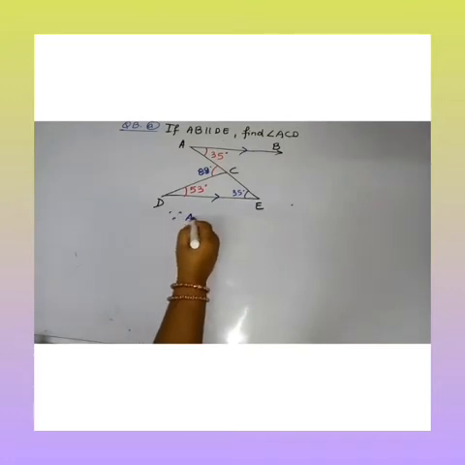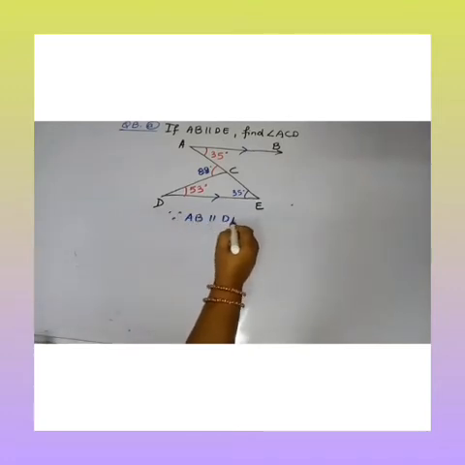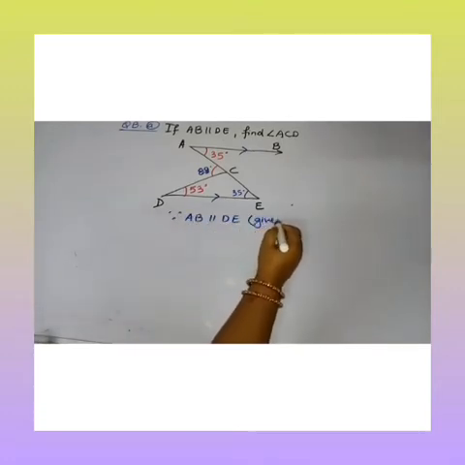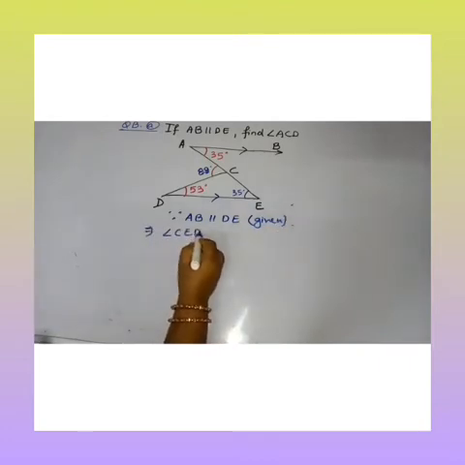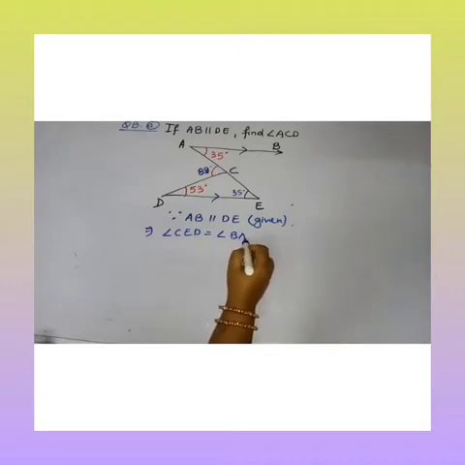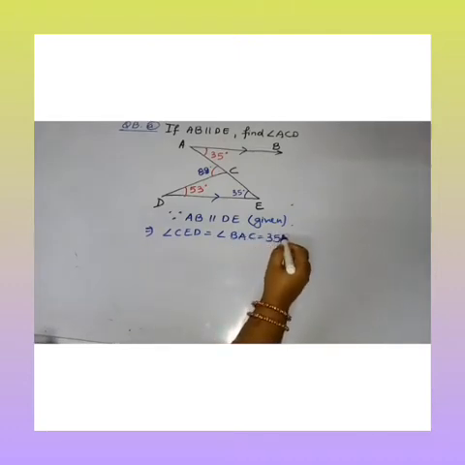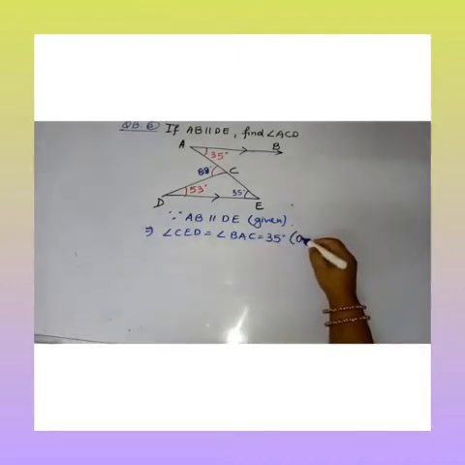Since AB is parallel to DE, this is given in the question, that means angle CED will be equal to angle BAC. This is equals to 35 degree. The reason is alternate angle.